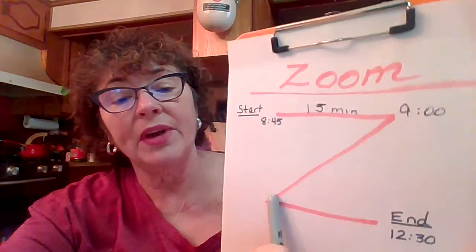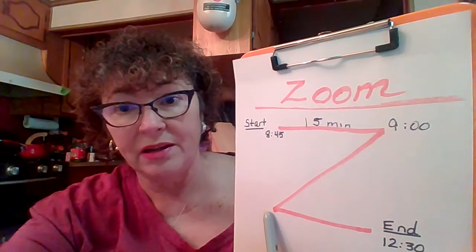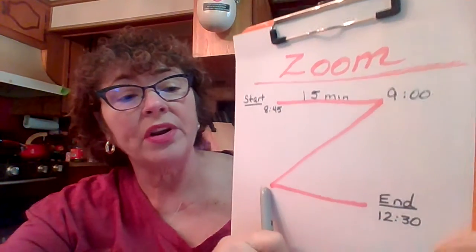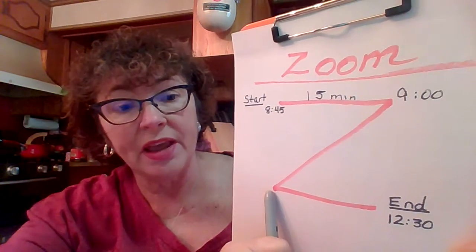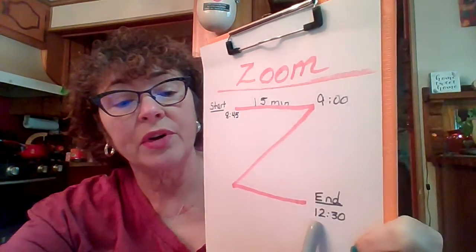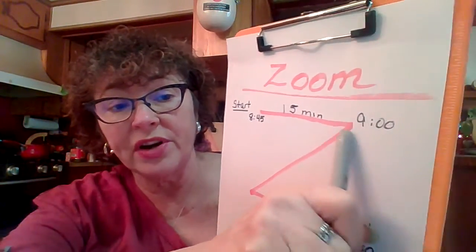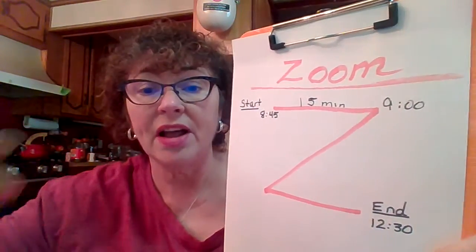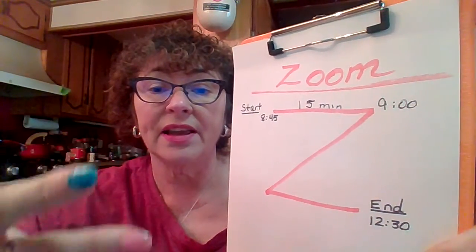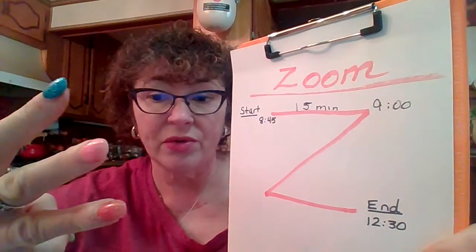Now we've got to get all the way down here. This is going to be the hours again. We're going to have to count how many hours we have to go to 12:30. Now we can't go to 30 because we're starting at 9 o'clock, but we're using the hours. So 9 o'clock, 10 o'clock, 11 o'clock, 12 o'clock, 3 hours.